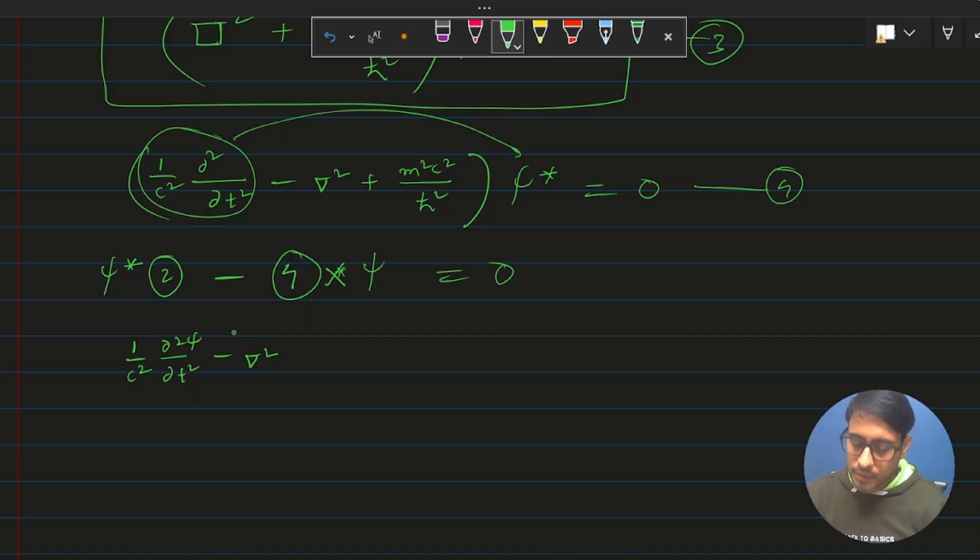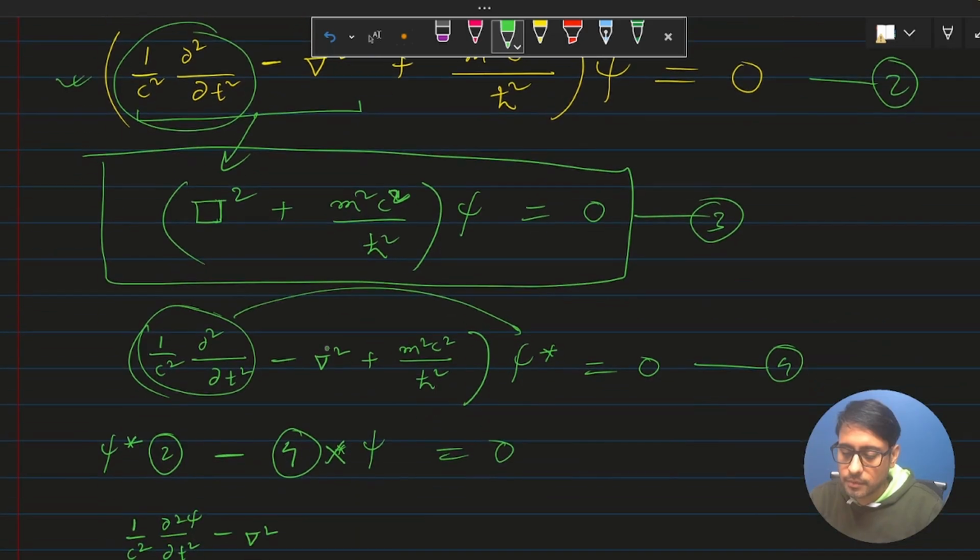I am writing equation number 2 basically. These things basically hang and sometimes it creates a problem for me. Yeah, this equation plus m square c square over h bar square psi equals 0.